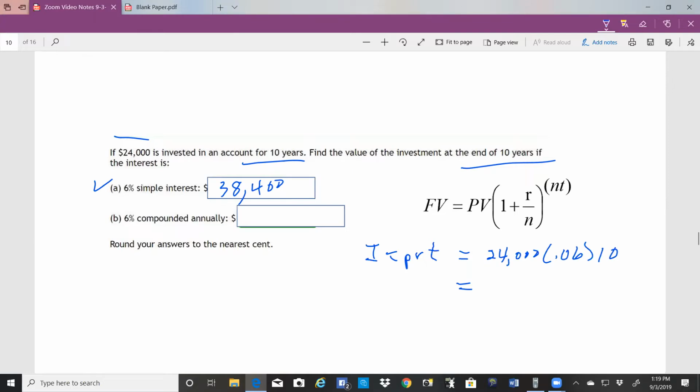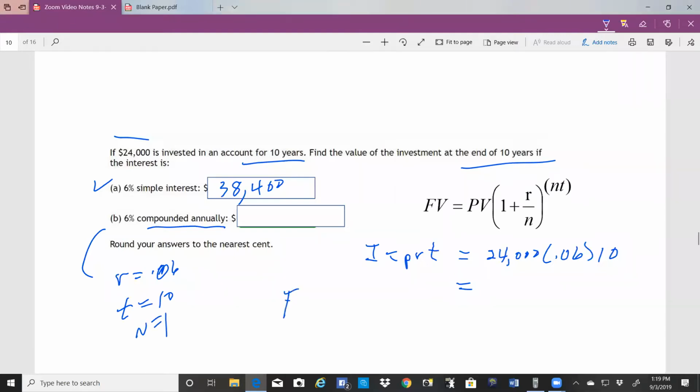If you compound it annually, of course, R is going to be 0.06. T is going to be 10. And if it's compounded annually, N is 1.